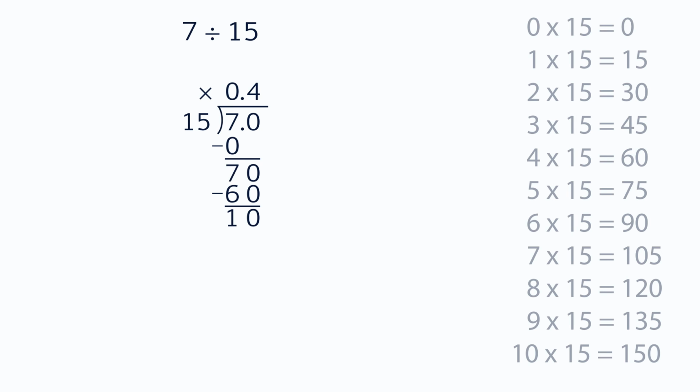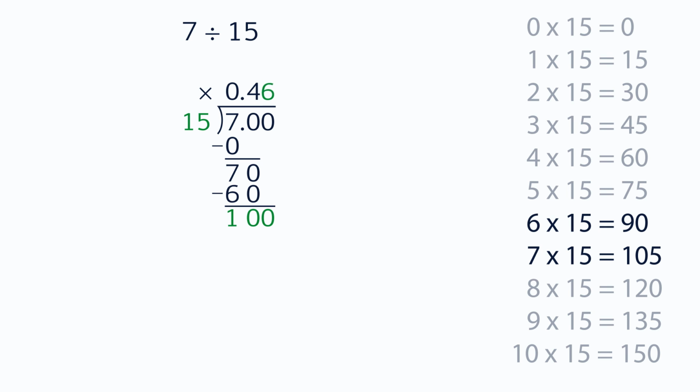Now you can add another 0 to 7.0 without changing the value. Pull a copy of the 0 down here next to 10, and you end up with 100. 100 divided by 15. How many times does 15 go into 100? 6 times 15 is 90, and 7 times 15 is 105. 105 is too large, so 6 is the right choice.